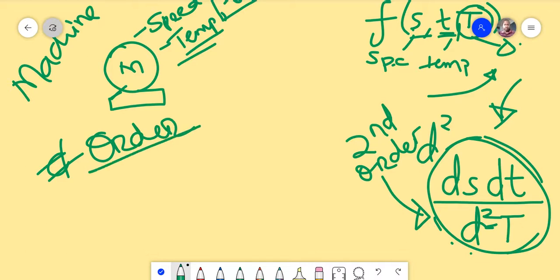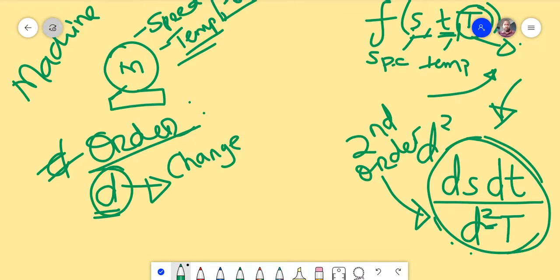A differential equation is usually given in terms of d. What d usually represents is a change in quantity. And when you go too much into mathematics, you are going to realize that this d is initially usually represented as delta.